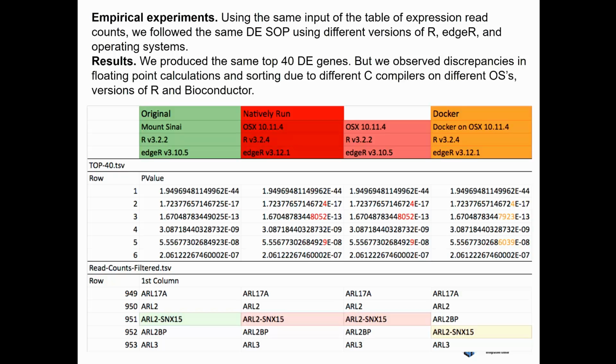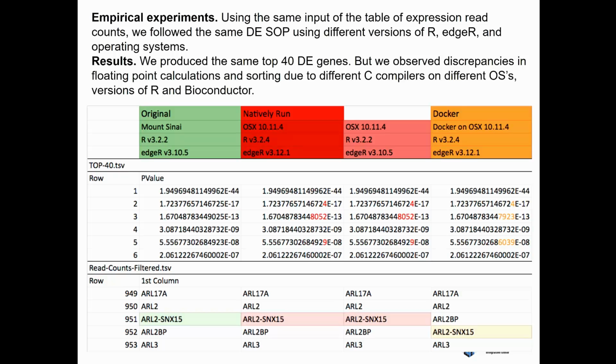So different compilers will have slightly different implementations of floating point. And it's not that this is a bug, it's just that the standard allows for small variations in representation calculating floating points.